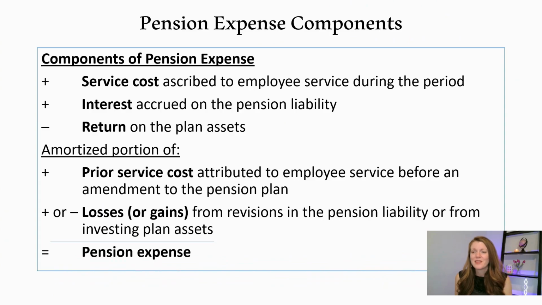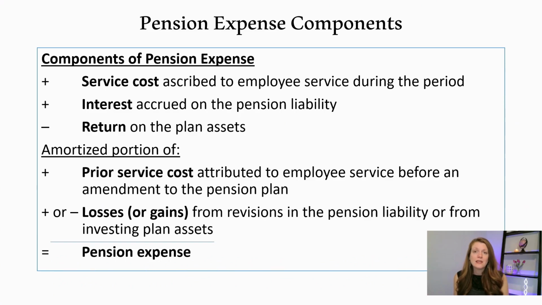So that's awesome. Then we're going to look at the amortized portion of the prior service costs. If we make a change to the pension plan, then we'll have to show some prior service costs. We may have to amortize that if it gets to a large enough amount. We'll walk through all of that.